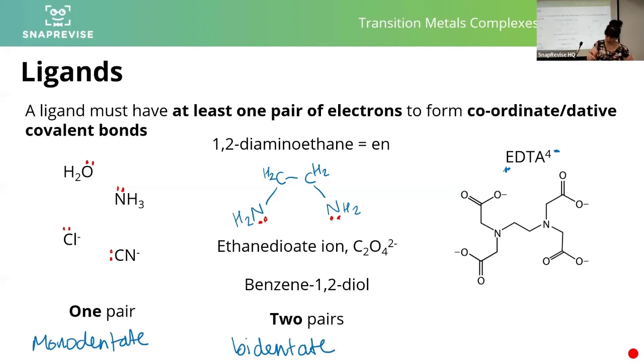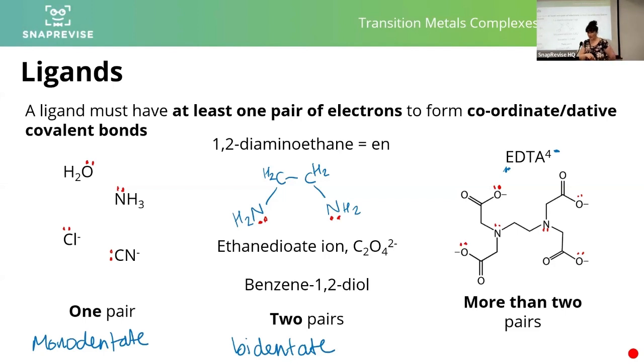So just have a quick look. Where are those pairs of electrons? Well, each one of these negatively charged oxygens has got a lone pair of electrons. It's very willing to donate. And the nitrogens have got a lone pair of electrons they're willing to donate. So that's 6 pairs of electrons. Technically, there are more, but this is how EDTA will coordinate.